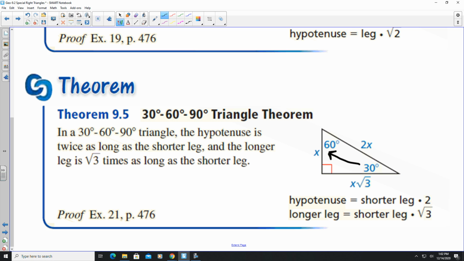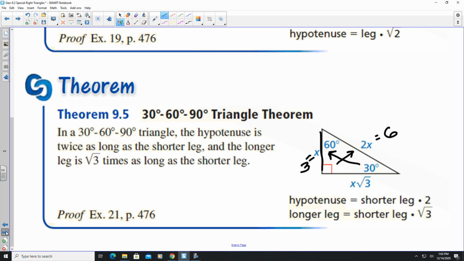Another thing to look at is that whatever that measurement is, the hypotenuse is going to be twice that measurement. So if this measurement happened to be 3, that means the hypotenuse is 2 times 3, which is 6. It's double that. And then whatever measurement this one happens to be, you just multiply it by the square root of 3, and you get the other side measurement that is opposite of the 60-degree angle. Okay.